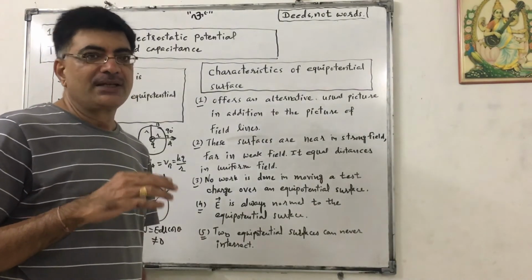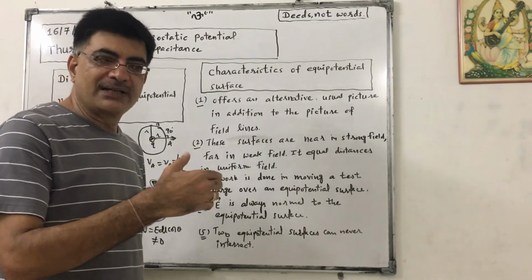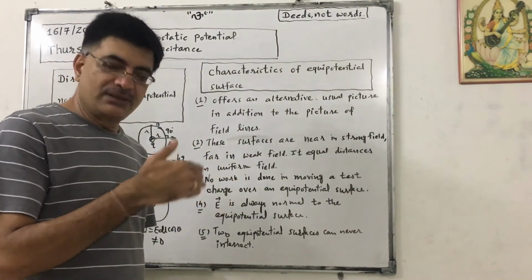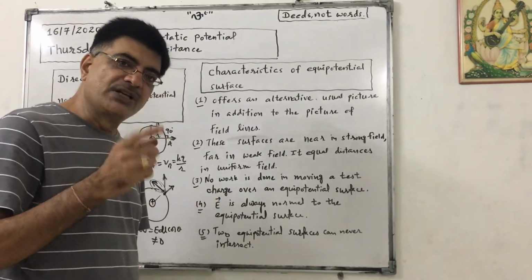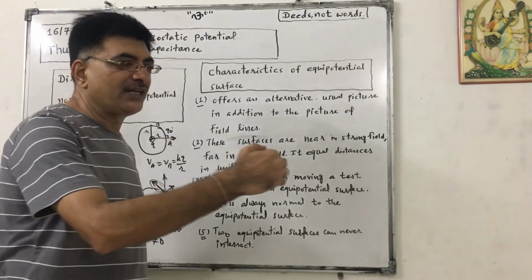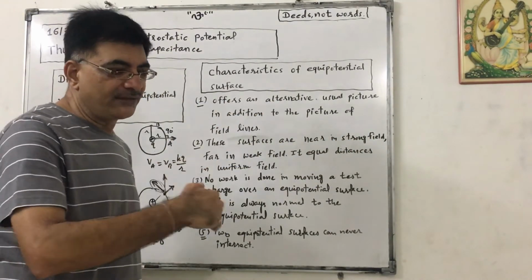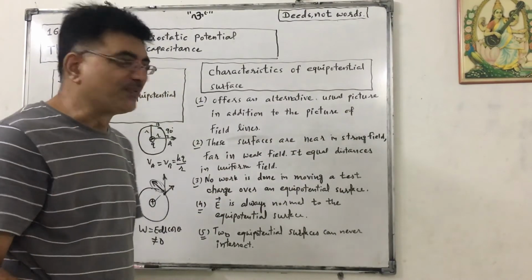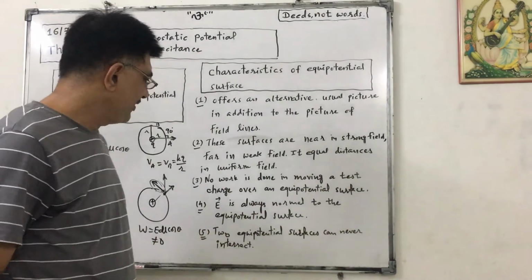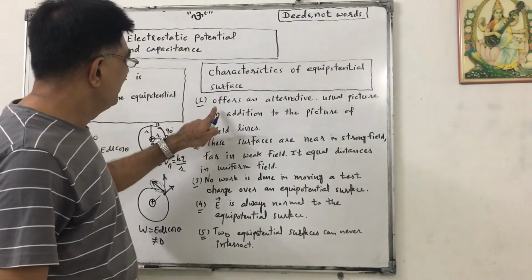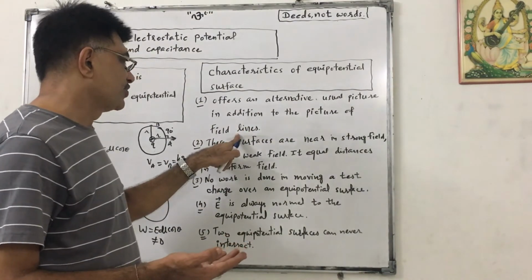Similarly, if the equipotential surfaces are at less distance, in that area field is stronger. And if they are far away, the field is weak. And if they are at equal distances, field is uniform. Okay, so it gives us the alternate picture of electric field.